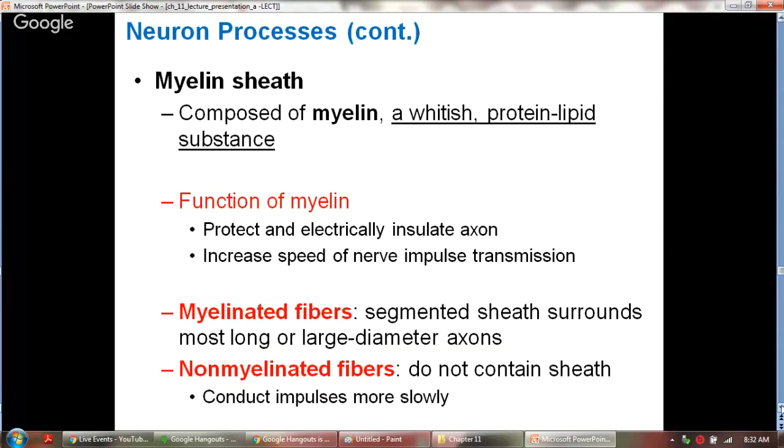Let's talk about the myelin sheath. The myelin sheath is composed of a whitish protein-lipid substance. Its function is to protect and electrically insulate the axon. It increases the speed of nerve impulse transmission, and based on the presence or absence of the myelin sheath, we can divide fibers into two types: myelinated fibers and non-myelinated fibers.